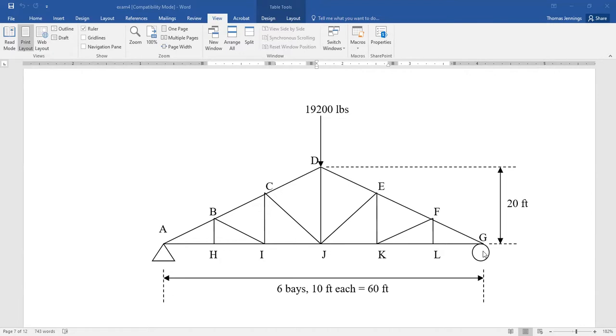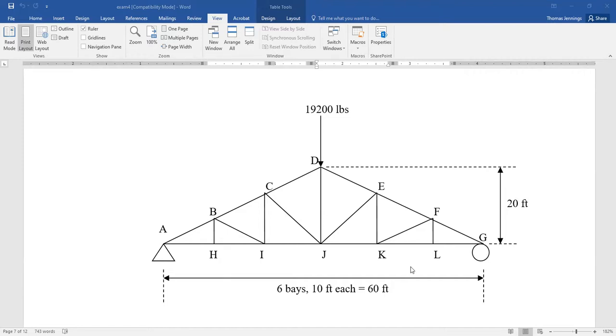We need our section. And that's going to include, I'm going to close to the left on it. So I'm going to cut through BC. And that'll leave force FBC behind. I'm going to cut through CI, which will leave a force FCI, and I'll cut through IJ, which will leave a force FIJ.